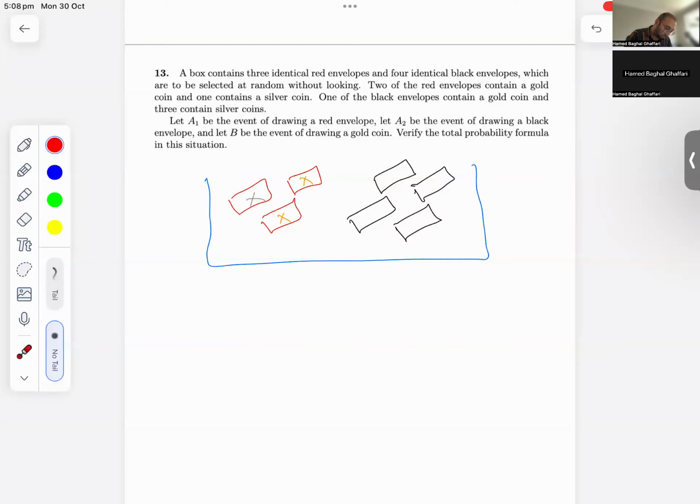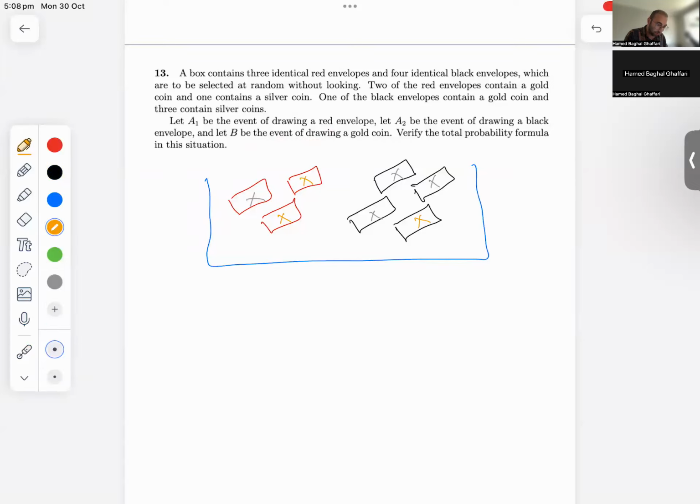And the black envelopes contain 1 gold coin and 3 silver. All right, so the question asks us: A1 is the event of drawing a red envelope, A2 is the event of drawing a black envelope, and B is drawing a gold coin.